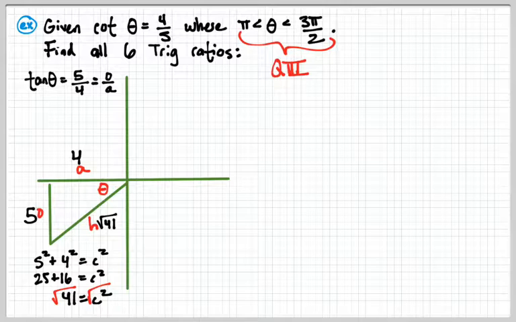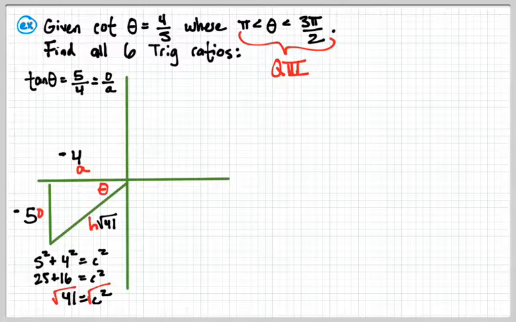If we're in quadrant 3, this is not a positive 4. We're going to the left. And this 5 is going down. So these numbers are both negative. Drop negatives in there. And the cool thing is this does not change anything, because cotangent's still positive, right? A negative over a negative is a positive.